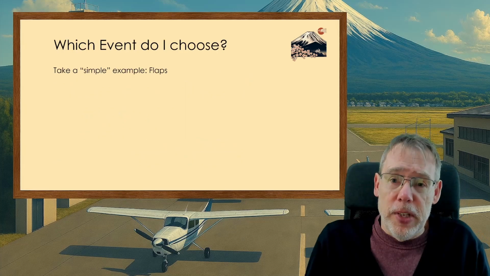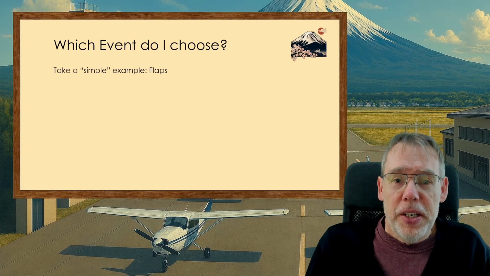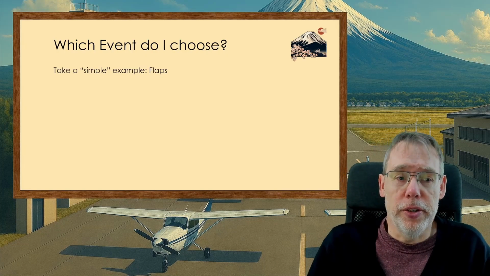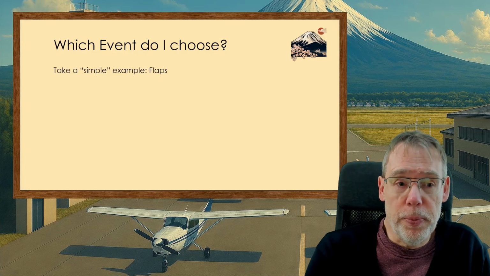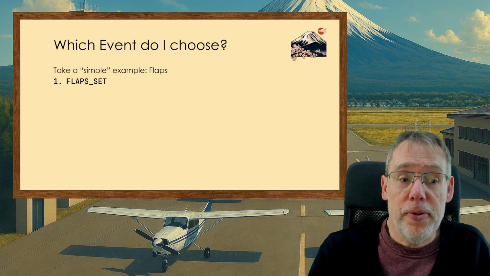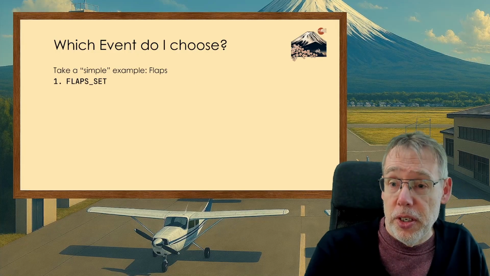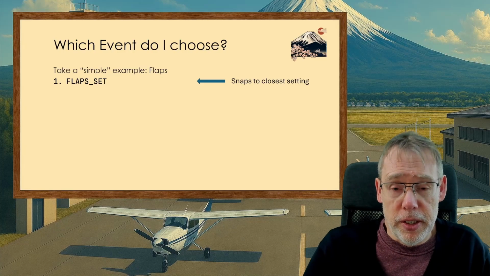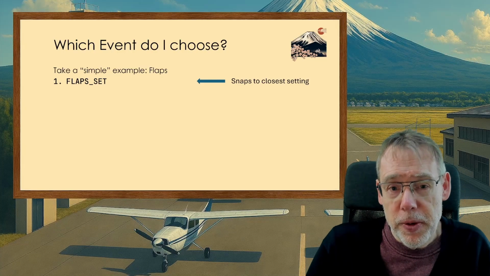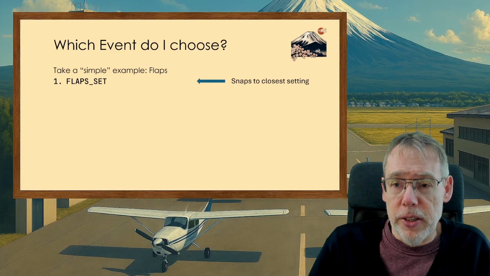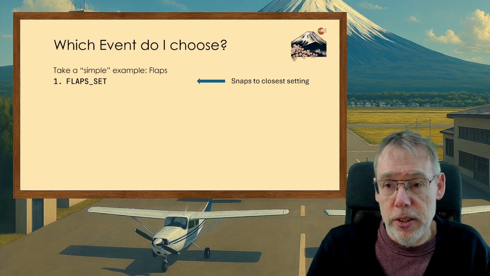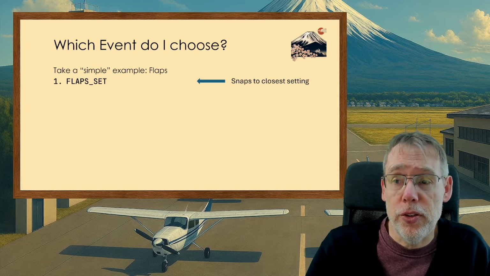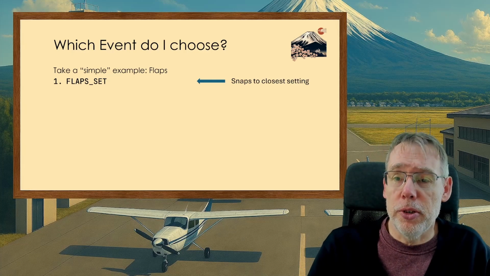Now, of course, the next question is, I might have multiple events for the same kind of action. Take the simple example of flaps. I have flaps set. This actually doesn't set the flaps to the setting that you give it, because that is a value between 0 and, yes, 16,383 actually, but it will snap to the closest setting.